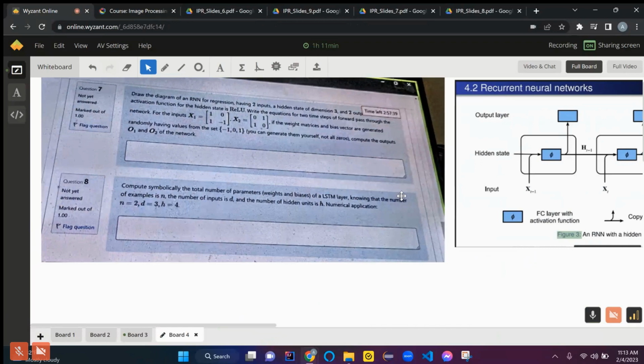Yeah, the dimension 3 is the part that's giving me a little bit of trouble, especially because the length is only. Yeah, the hidden state of dimension 3 is a bit. I guess they're just saying that there's three units.